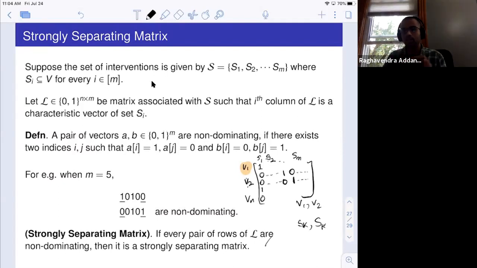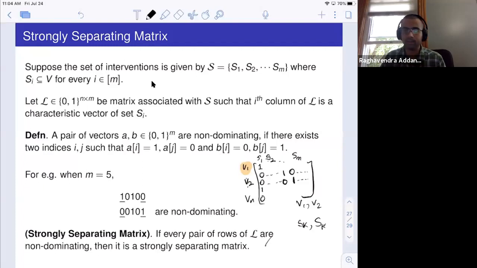So essentially, this turns out to be like packing this matrix with low weight codes that satisfy the strongly separating property while minimizing the cost.